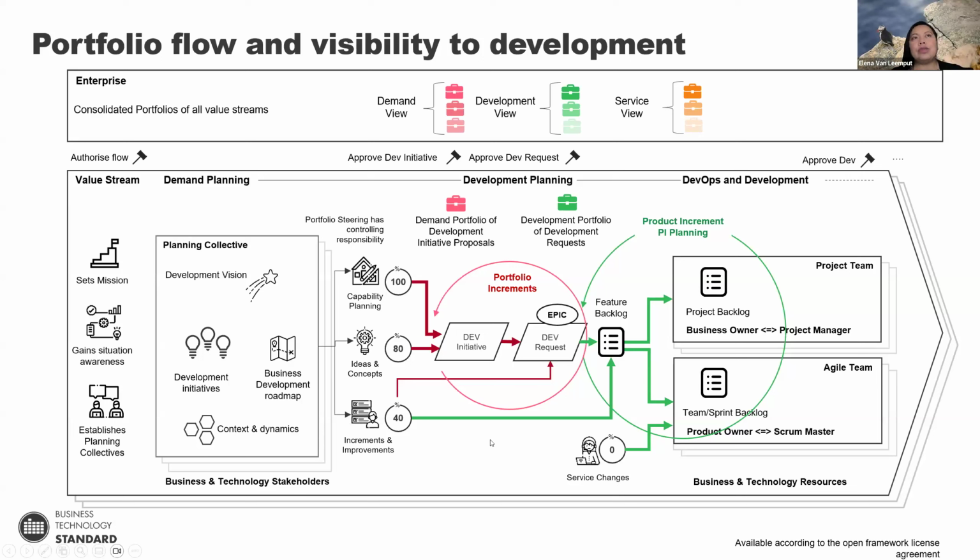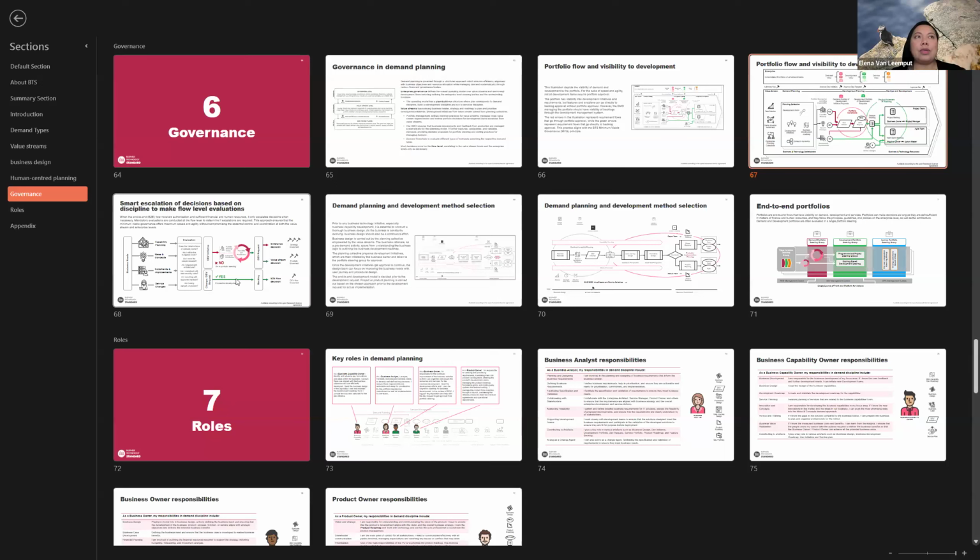So this kind of categorization will help you take away the strain and the build-up inside your portfolio so that they can actually focus on the right things. It's not the idea that everything goes through that.